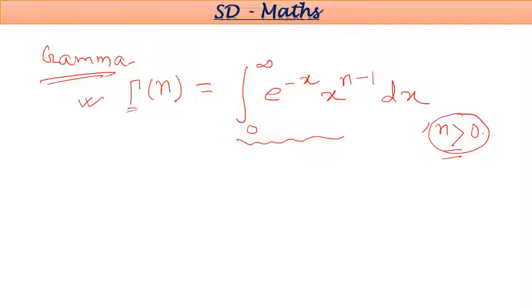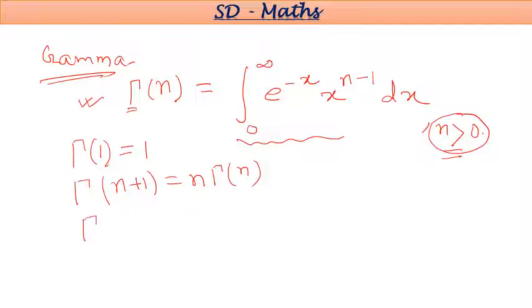There are actually many properties of the gamma function. The first one is gamma 1 equals 1, and gamma of n plus 1 equals n gamma n. Or you can write this as gamma of x plus 1 equals x gamma x, where x is a real number.